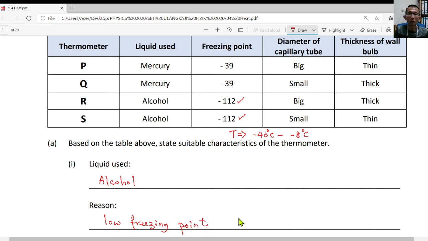Meaning to say alcohol will only be frozen if the temperature is at negative 112 degrees Celsius, which is way beyond the surrounding temperature at the North Pole.